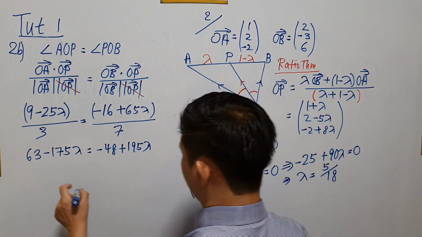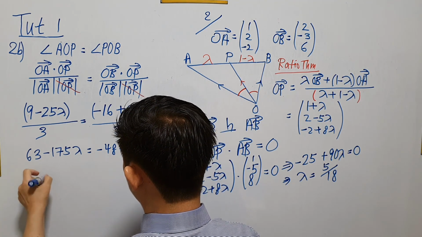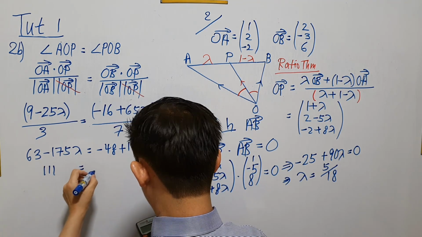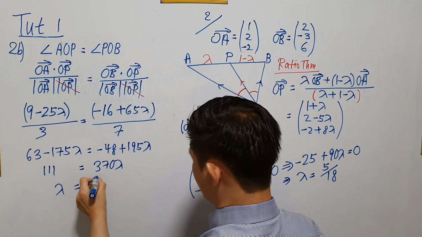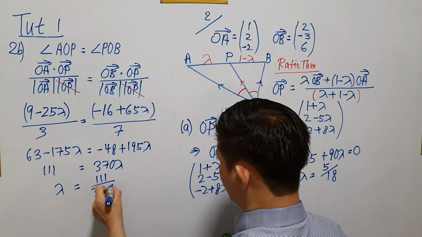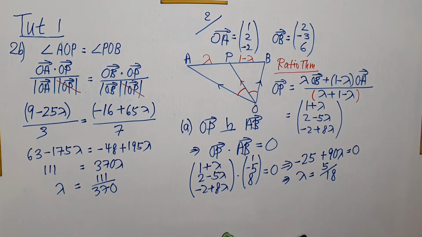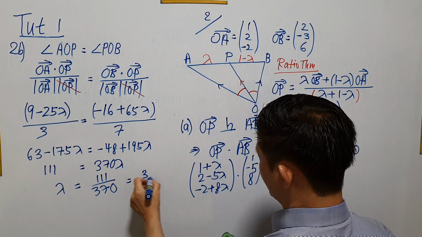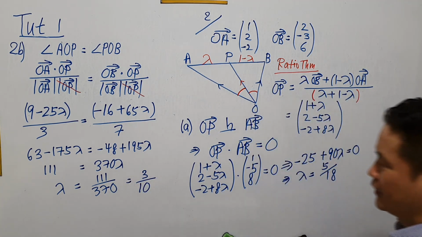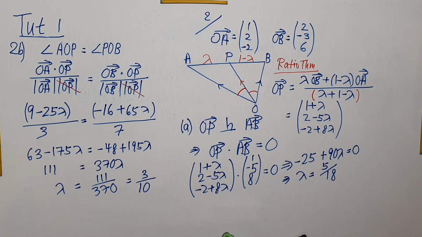If my calculation is correct, this is 111, and this is going to be 370 lambda. So my lambda is 111 over 370. As I said, it looks like a very bad number, but it turns out to be just 3 over 10. You just divide by 37: you get 10 on the denominator, and 3 on the numerator. So you get 3 over 10.